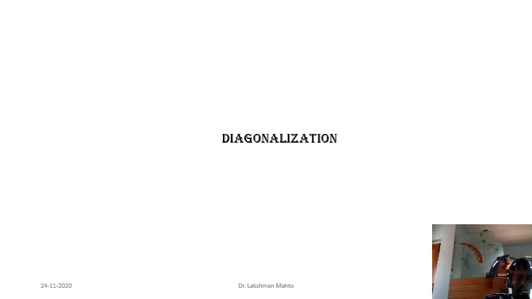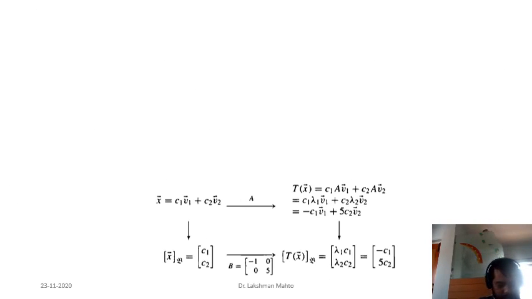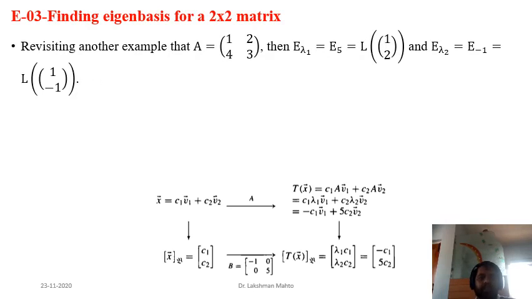So coming to diagonalization, what does it say? I have a few minutes, so I will revisit an example in order to get a better picture of diagonalization. Consider we are revisiting one of the previous examples, where we had taken a 2 by 2 matrix having first row 1 2 and second row 4 3.